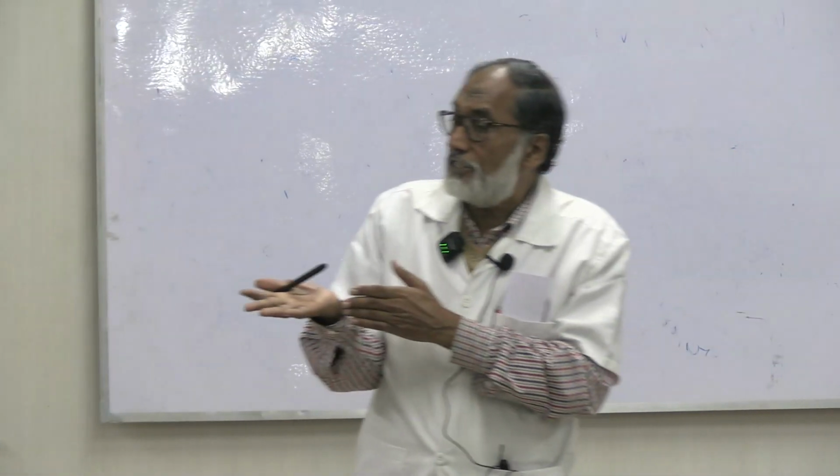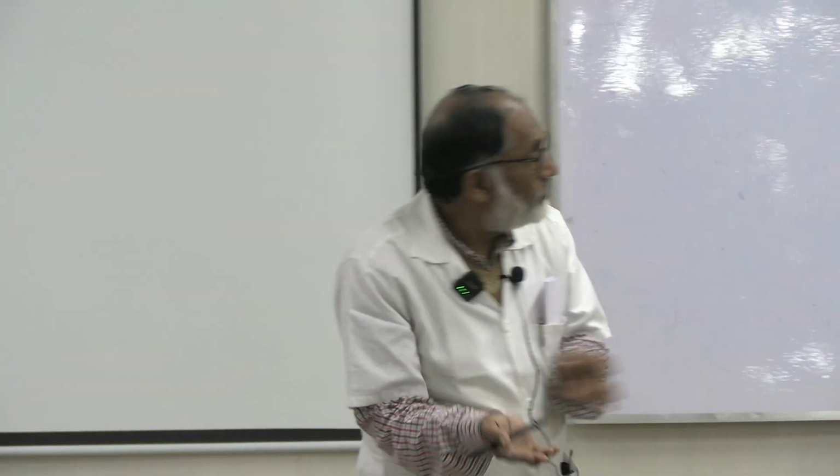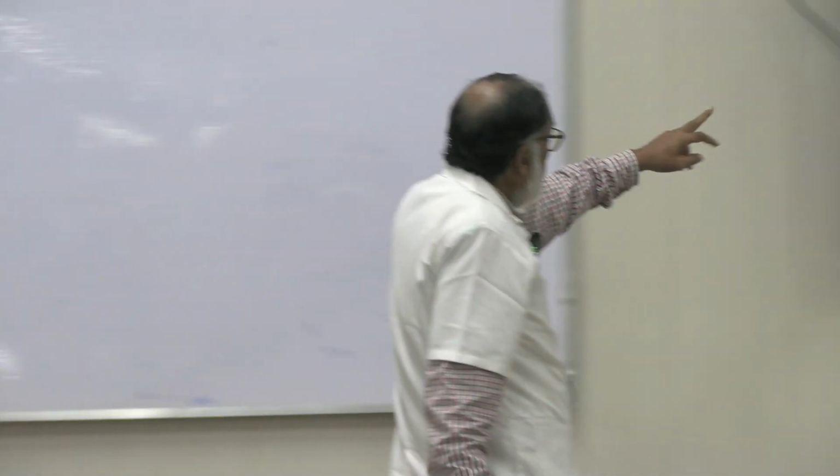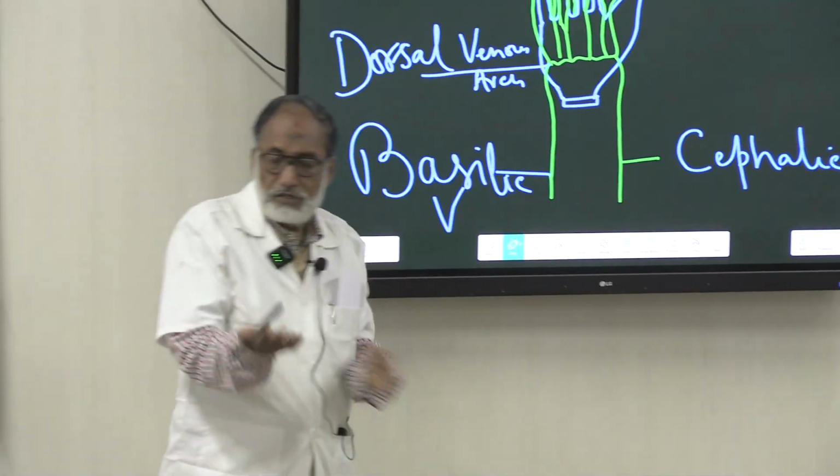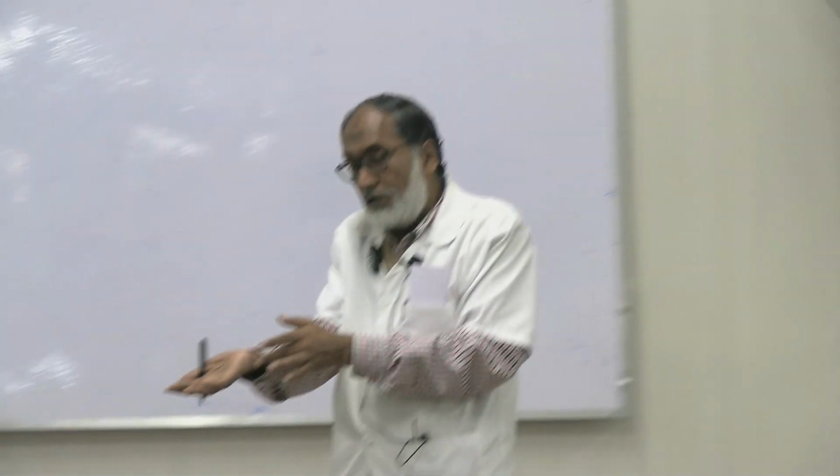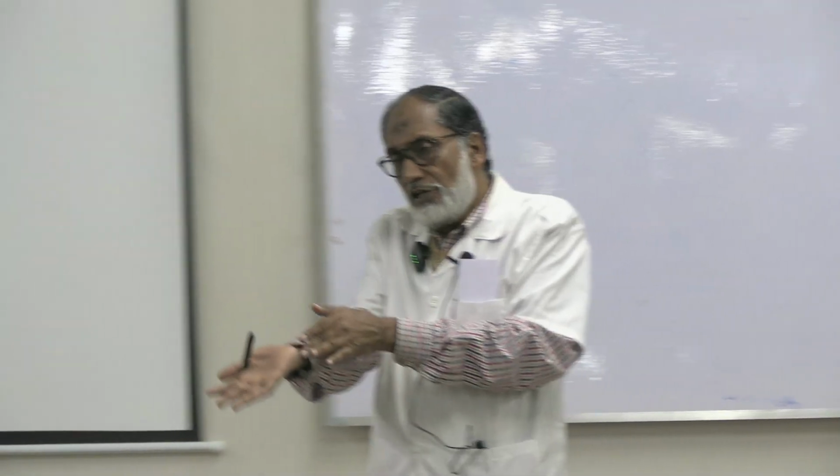Now come to the basilic vein. Basilic vein is the continuation of the medial end of the dorsal venous arch. After arising from here, it will come to the frontal aspect of the forearm.